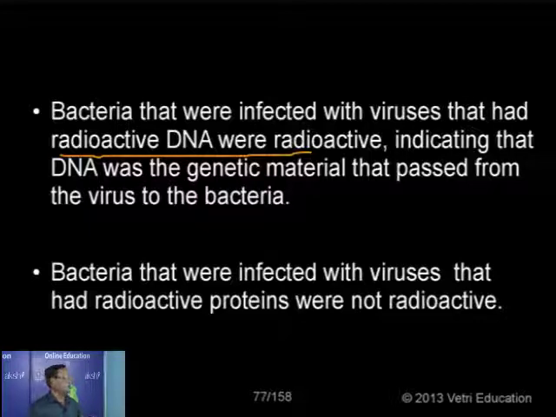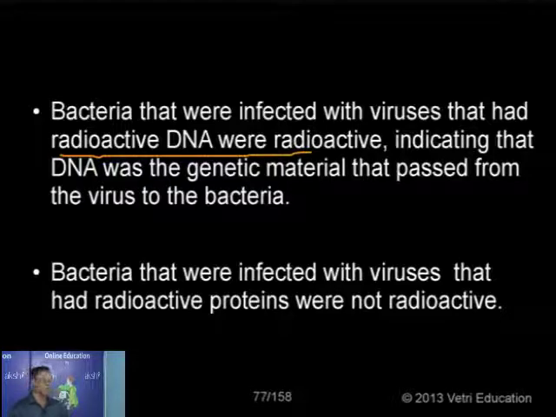That is why the bacteria became radioactive: because of the entry of the radioactive DNA from the virus particle into the bacteria, and it integrates with the bacterial DNA and replicates along with the bacterial DNA. Now the resultant bacterial cells are all radioactive because they contain the radioactive phosphorus. So from this experiment, it is confirmed that it is only the DNA that entered the bacterium and not the protein.